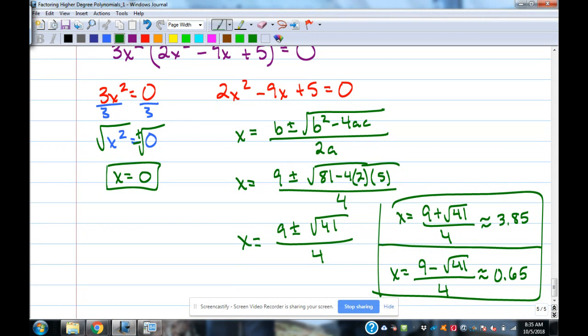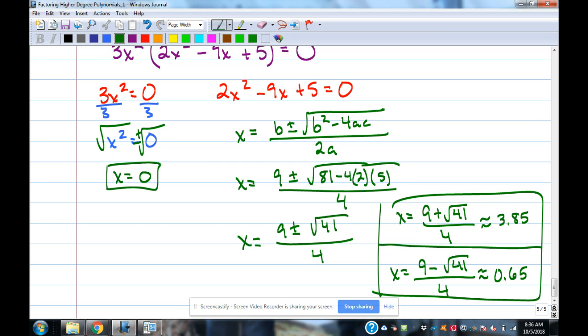So go back to the original problem. What was the highest exponent on x? 4. Okay. How many answers do we have? Here's 1. Here's 2. How many times does 0 count? Twice, because it came from x squared. 1, 2, 3, 4. 4 answers.